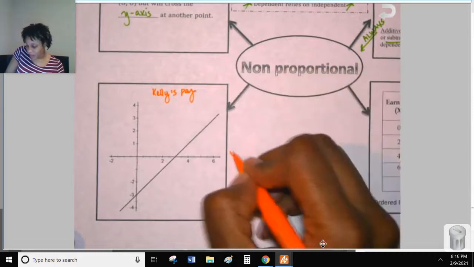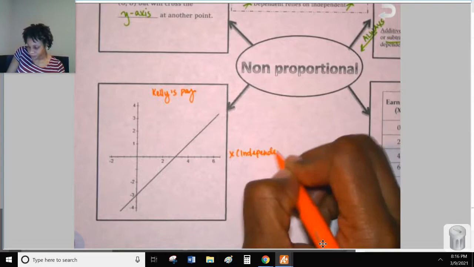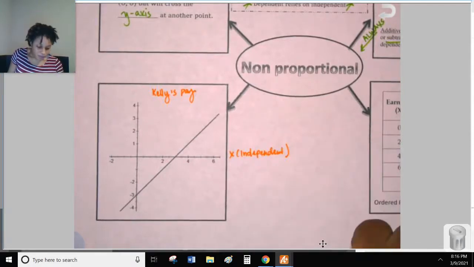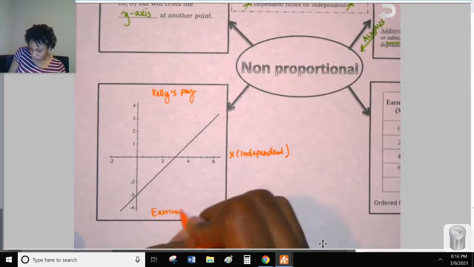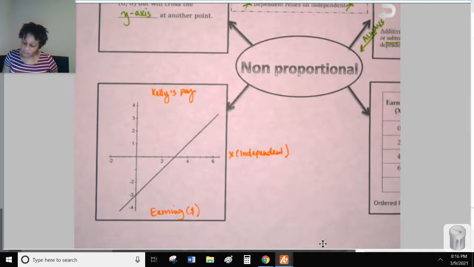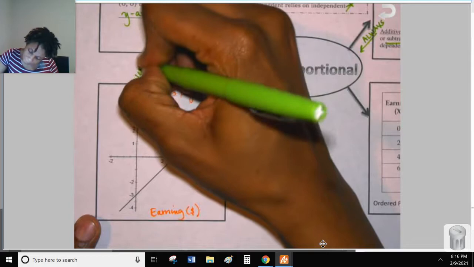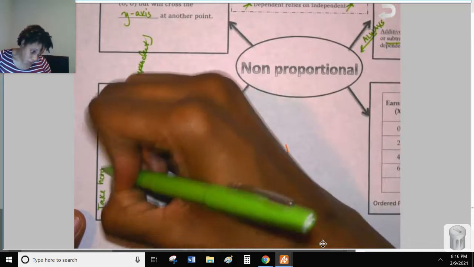Our x-axis, which is our independent axis, is going to be her earnings. And our y-axis, which always is our dependent, is going to be take home pay.